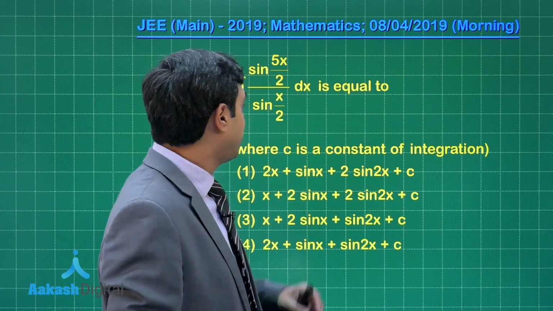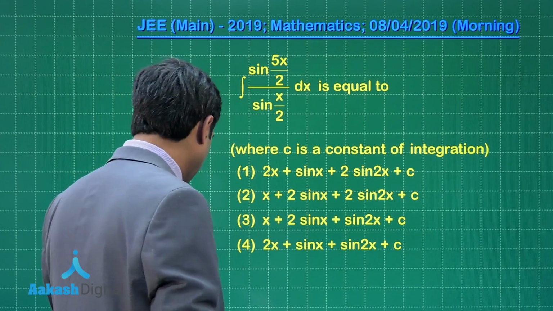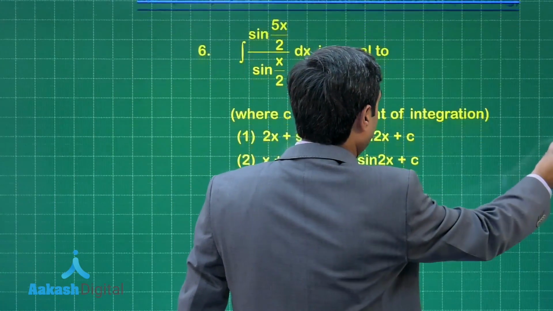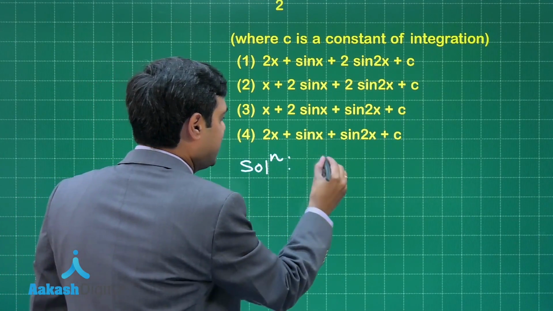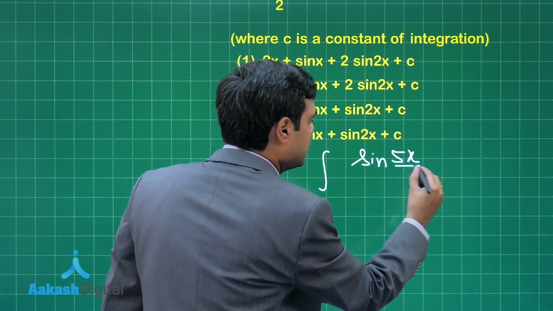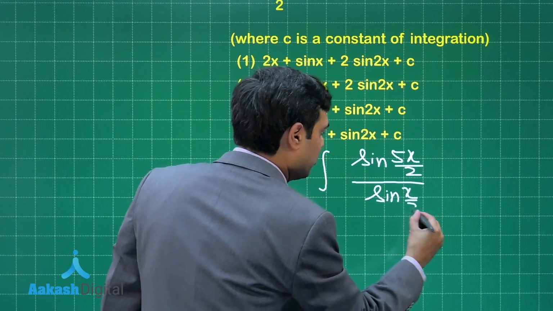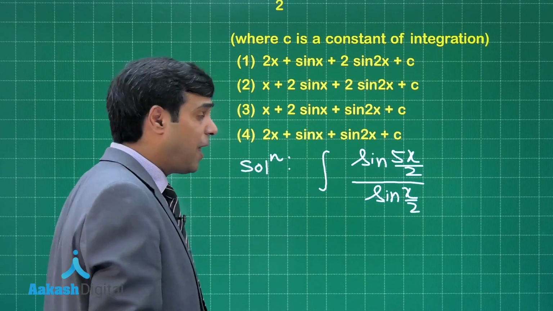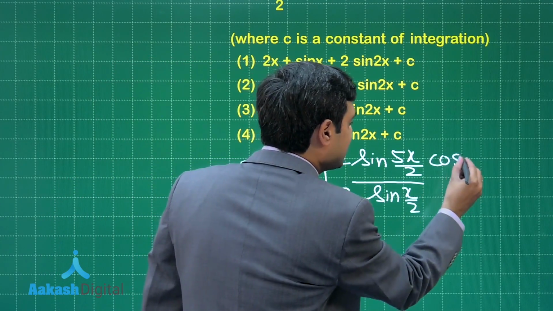Integral of sine 5x by 2 divided by sine x by 2 dx is equal to. Simple question, let's start it. Integral of sine 5x by 2 divided by sine x by 2. Correct? Let's multiply and divide by 2 cos x by 2.